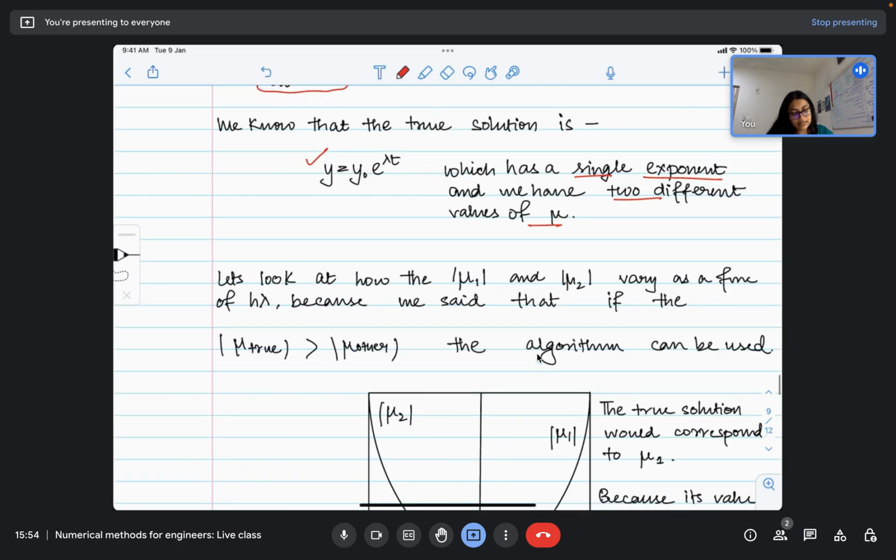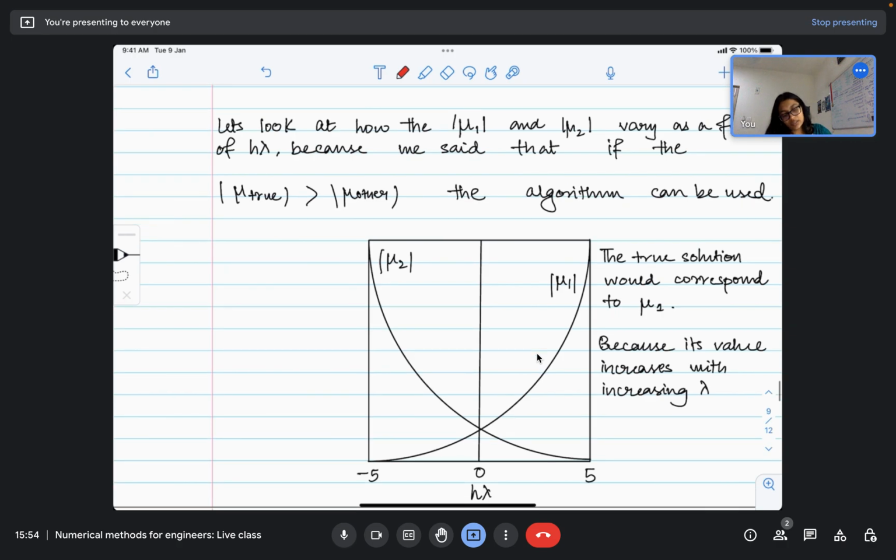Now, let us take a look at what this mu1 and mu2 are, and how the mod of mu1 and mu2 vary with respect to h lambda, because it is important to understand here that the solution just has one true root, right?